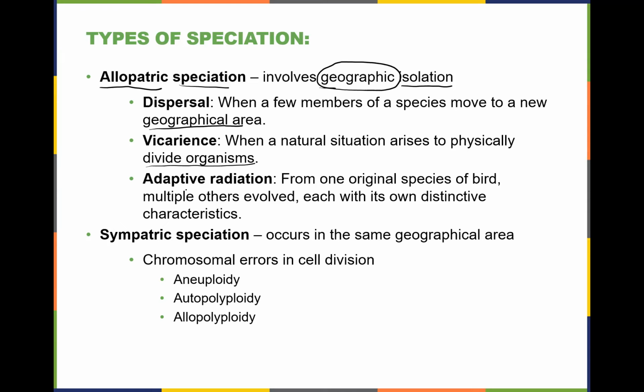And then adaptive radiation: from one original species of bird, multiple others evolve, each with its own distinctive characteristics.